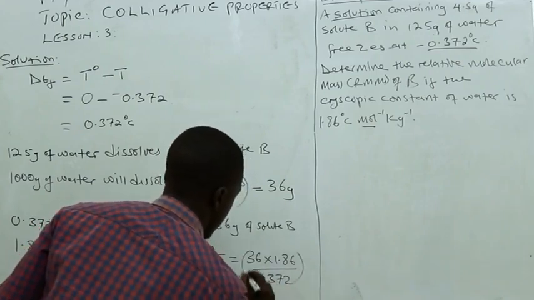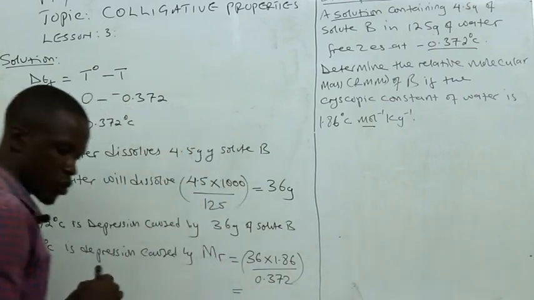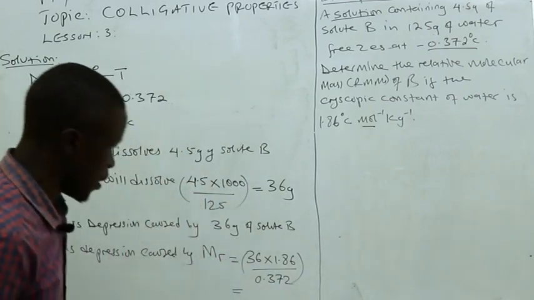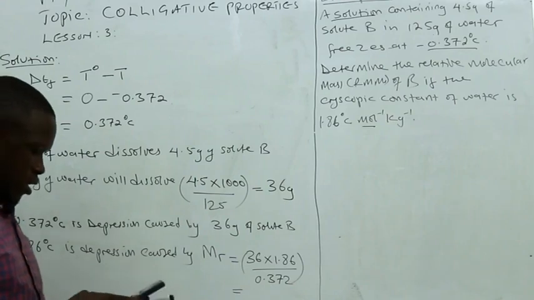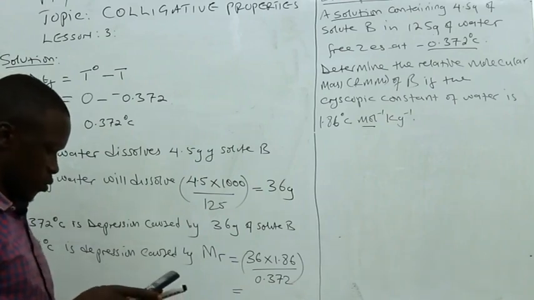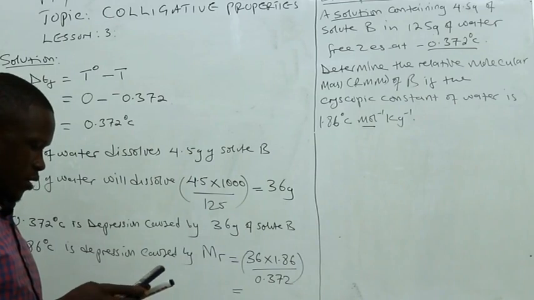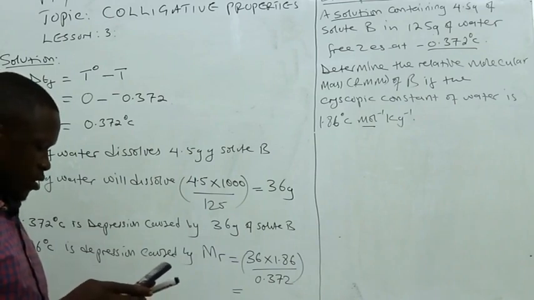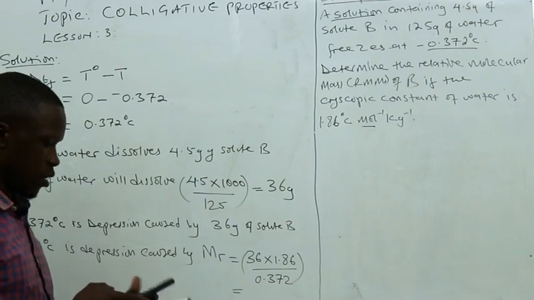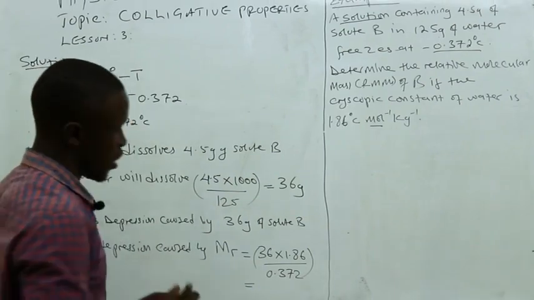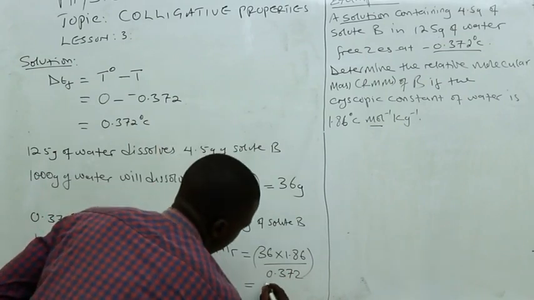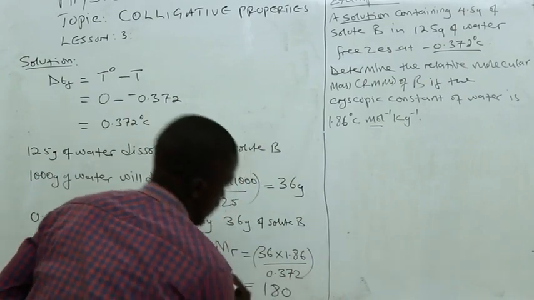So I get my calculator, and I'll say this is 36 times 1.86 divided by 0.372. I get my molecular mass here as 180.